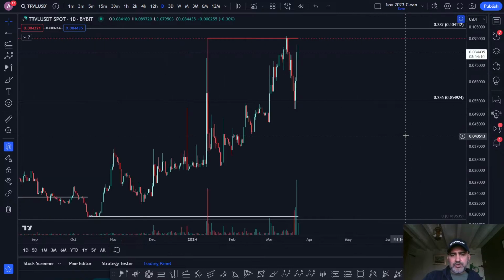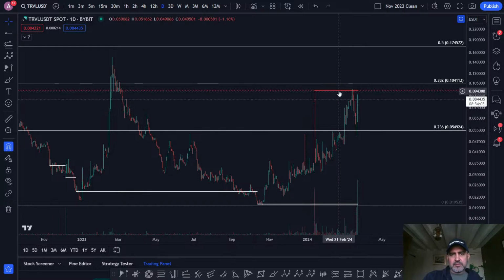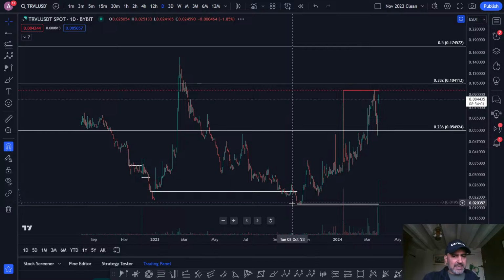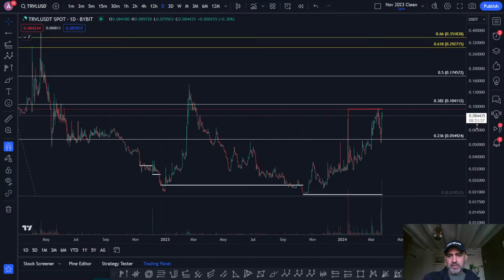These are called exhaustion lines. On this chart, the red one is for buying exhaustion and the white ones are for selling exhaustion. And the higher the time frame, the more powerful these levels become.